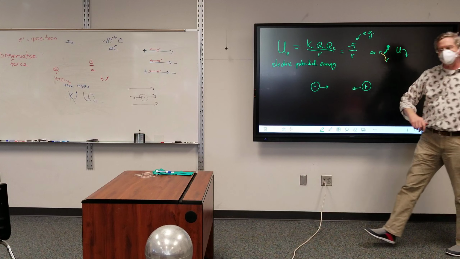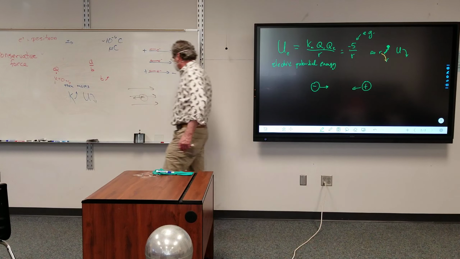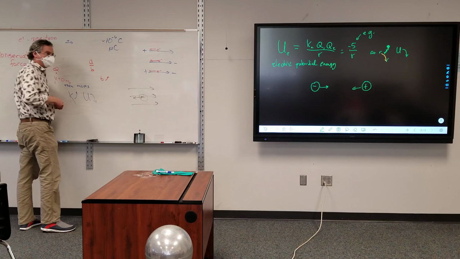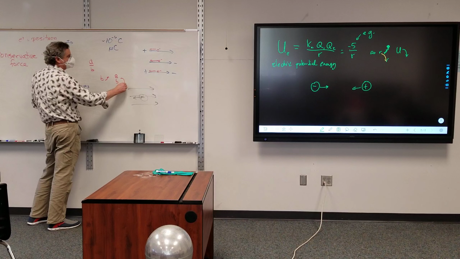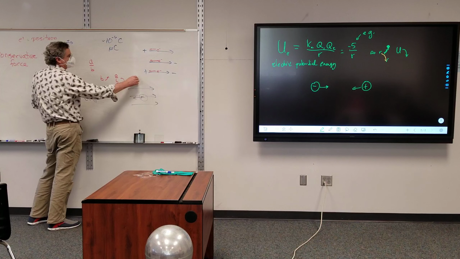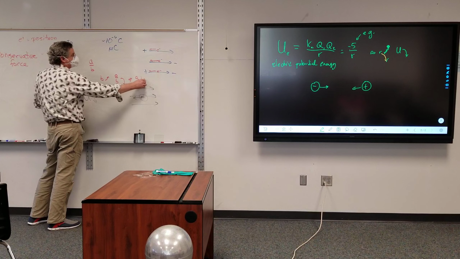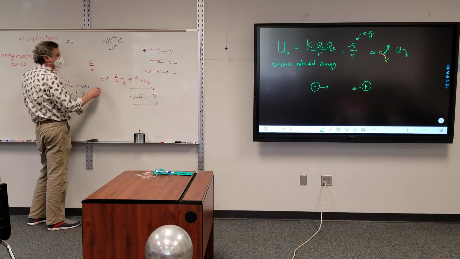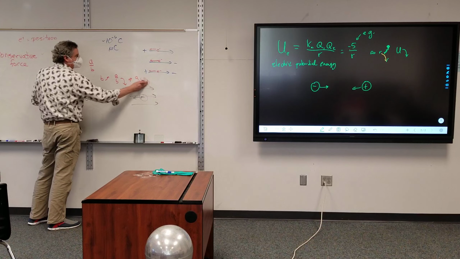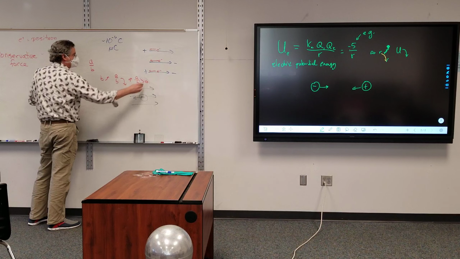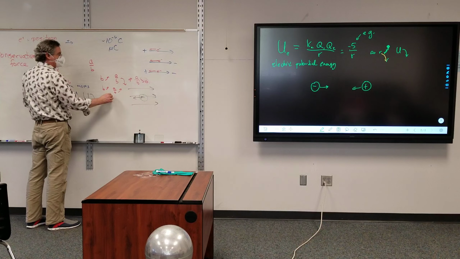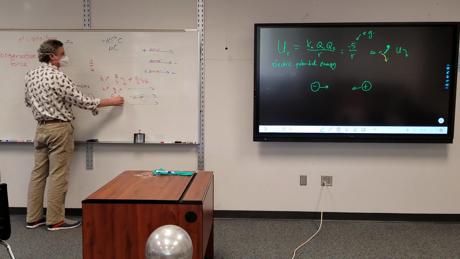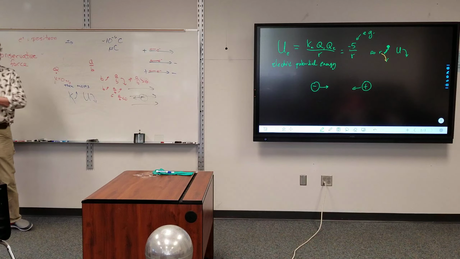So A over B, if B goes up, A over B goes down if A and B are positive, the same sign. I guess I should just write it as if A over B is positive, if B goes up, A over B goes down. If A over B is negative, if B goes up, A over B goes up, because it does become more negative.